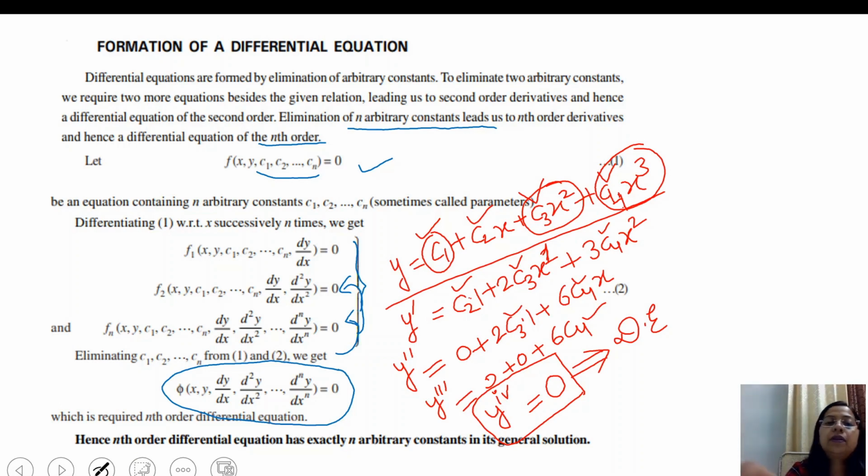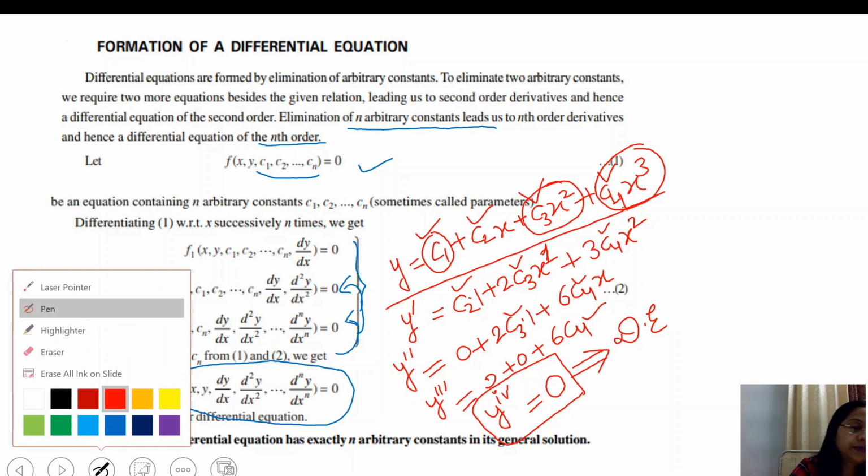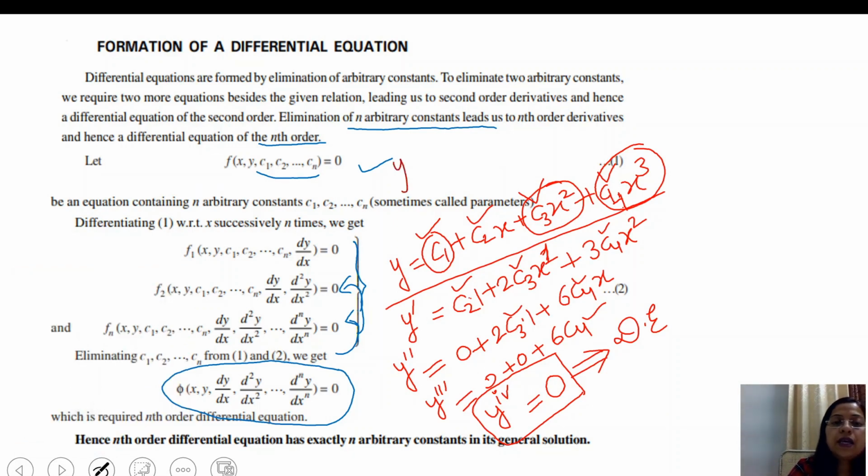For example, I have y = phi1(x) + phi2(x).